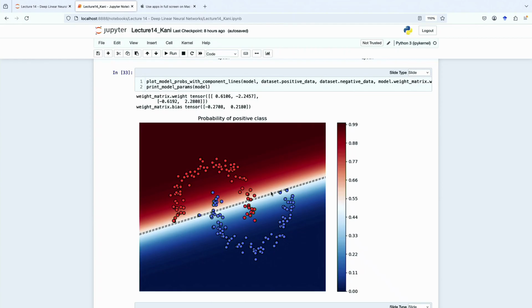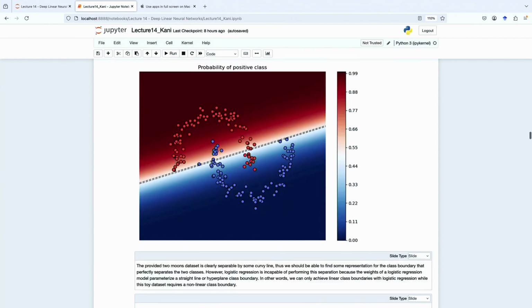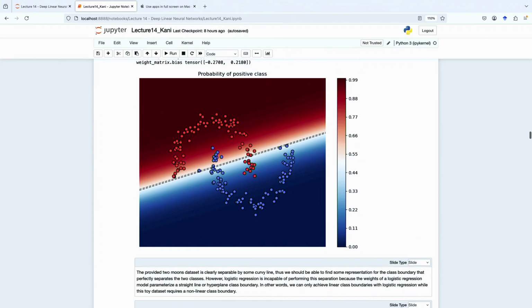So the reason there's two is because there's two outputs. Okay? So what we want, the provided data set, the 2 moons data set, is clearly separable by a curvy line, but currently we only have a single straight line.